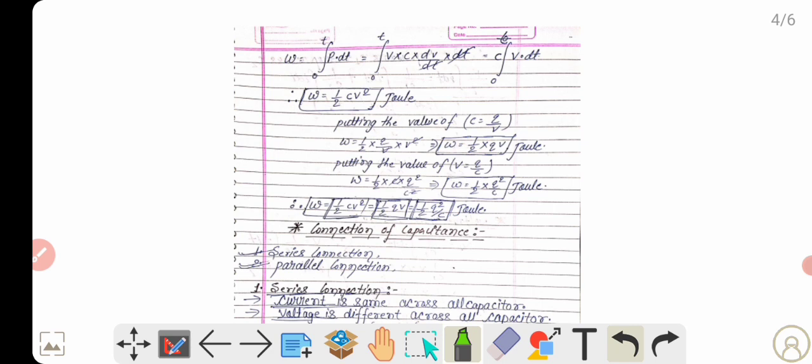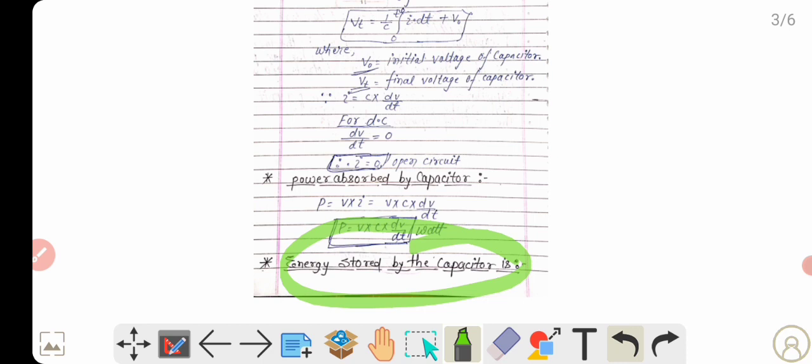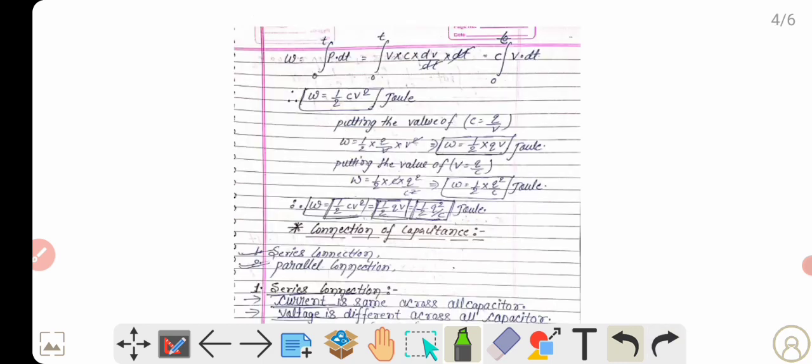As we know the value of power here we calculated is VC into dV by dt, and we will put the value here, and the amount of energy comes out to be half CV squared joule. Now my dear friends, this is basically the main formula for the calculation of energy stored in a capacitor.